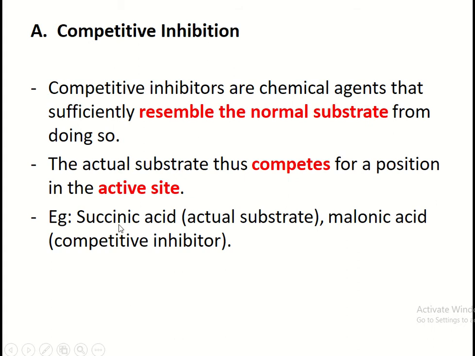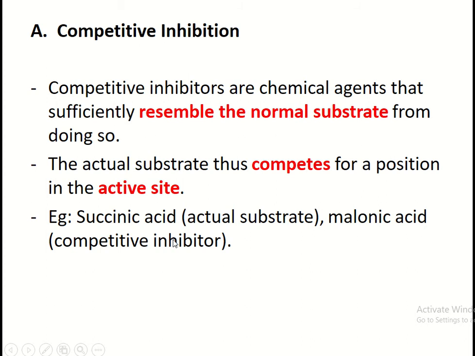For example, succinic acid is the actual substrate for a certain enzyme. Meanwhile, malonic acid is the competitive inhibitor for the enzyme, competing with the succinic acid.